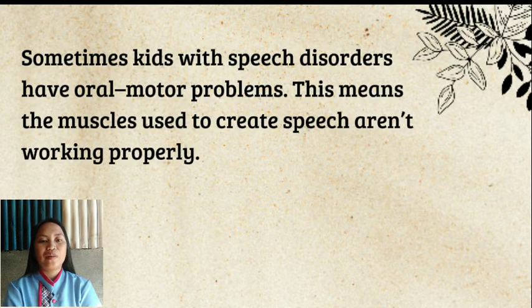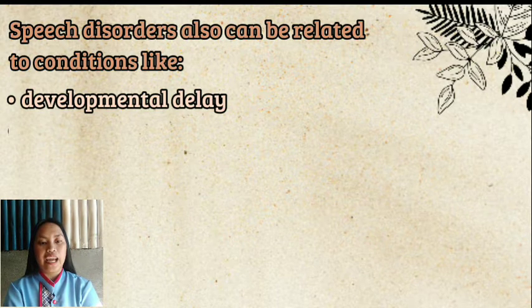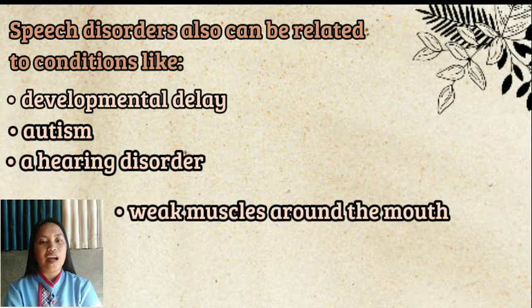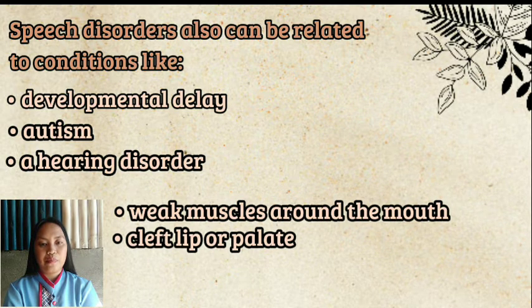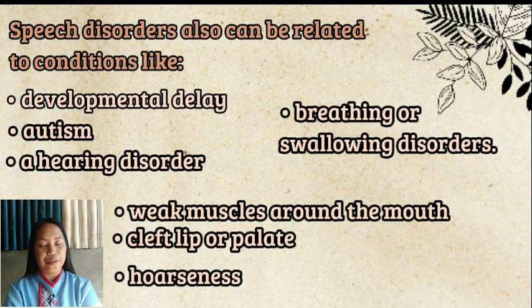Sometimes, kids with speech disorders have oral motor problems. This means the muscles used to create speech aren't working properly. Speech disorders also can be related to conditions like a developmental delay, autism, a hearing disorder, weak muscles around the mouth, cleft lip or palate, hoarseness, and breathing or swallowing disorders.